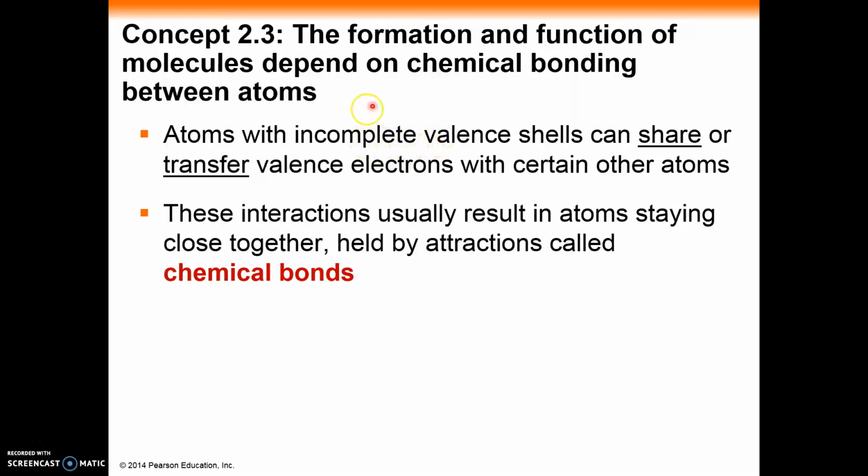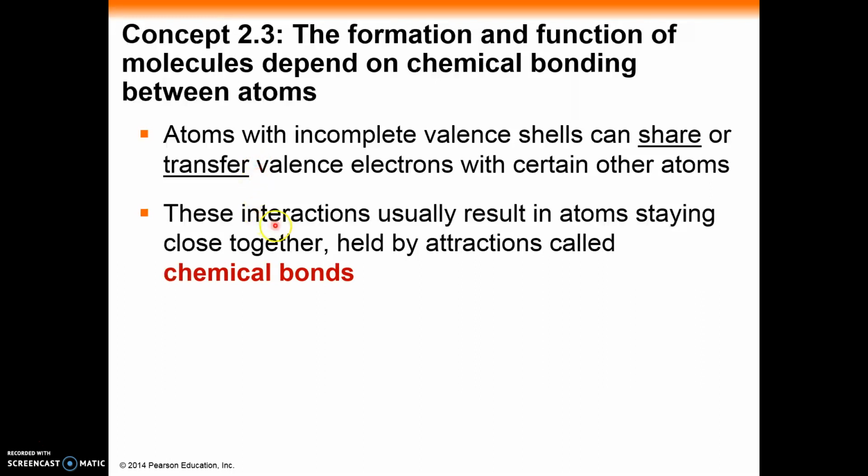Okay? So, there are two ways that atoms can achieve this full outer shell when they don't start off with it. Okay? One way is they can share electrons. The other way is they can transfer electrons. So either give up one or gain one, or maybe two, depending.